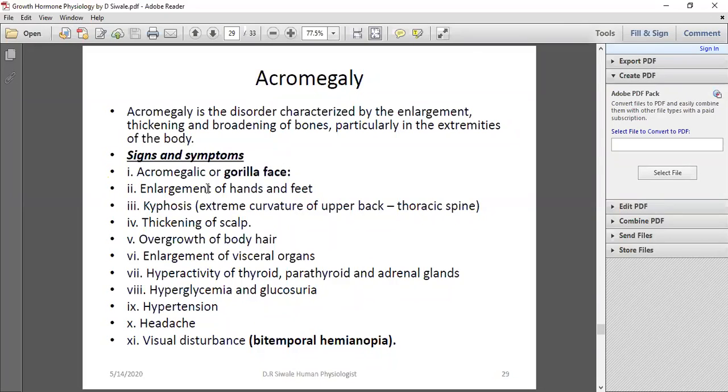There's also enlargement of hands and feet. There are many other symptoms: enlargement of visceral organs, hyperactivity of the thyroid gland and parathyroid, which are other important glands we'll discuss. There's hyperglycemia, glucosuria, all these are just features.